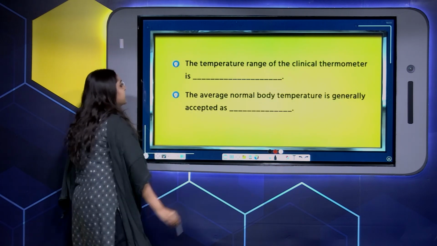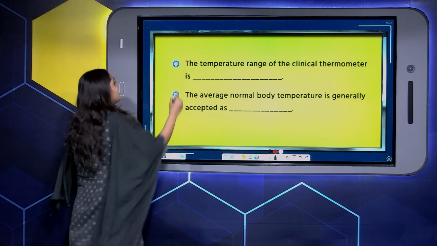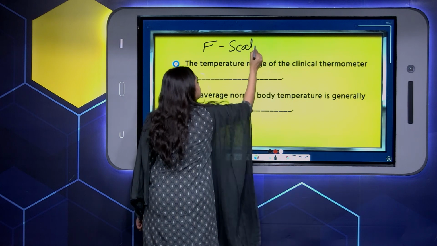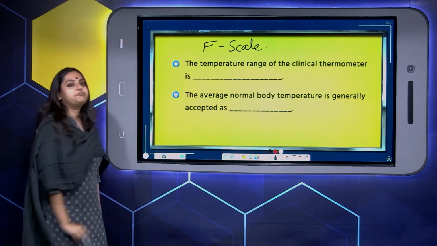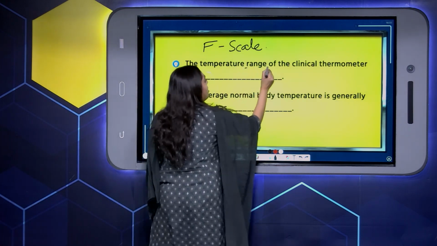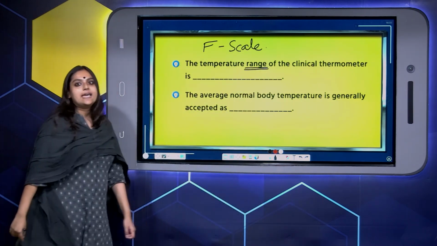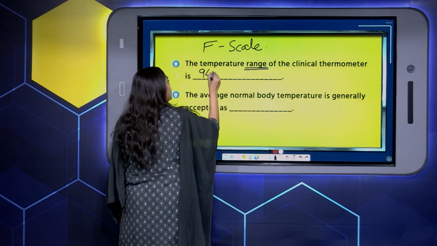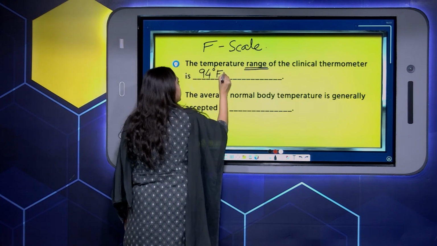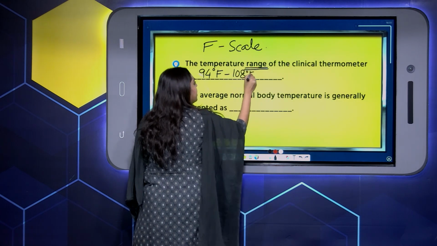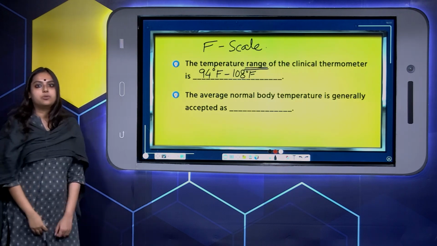Okay, let's find out for the Fahrenheit scale. For Fahrenheit scale, the range of temperature is from 94 degree Fahrenheit to 108 degree Fahrenheit, right?